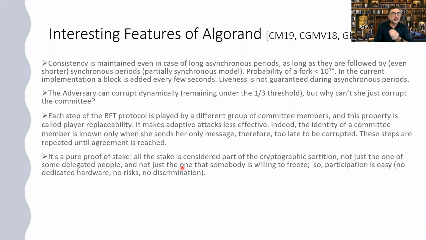Algorand doesn't have these limitations. So in some sense, for Algorand, the participation is easy because you don't need dedicated hardware. You don't need to put your money frozen somewhere, and you are not discriminated in the sense that you have not been selected in the set of dedicated people, but everyone can participate. So these features have been defined as pure proof of stake, to mean that the others are not pure. Okay.